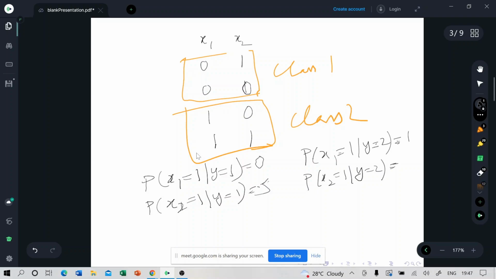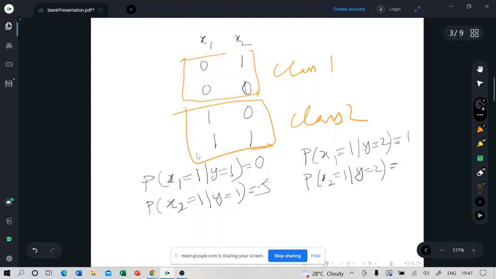As a result, the whole probability becomes 0, and once the probability becomes 0, we can't compare, because for all the classes we are getting the probability as 0. So we can't determine in which class the sample belongs.